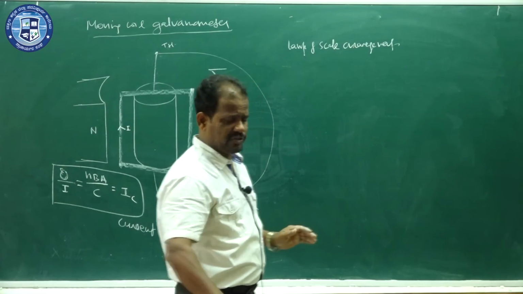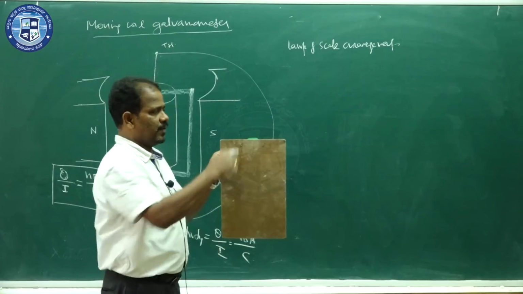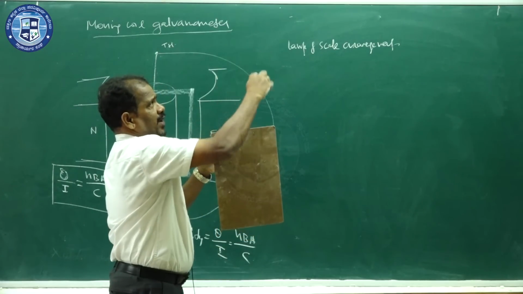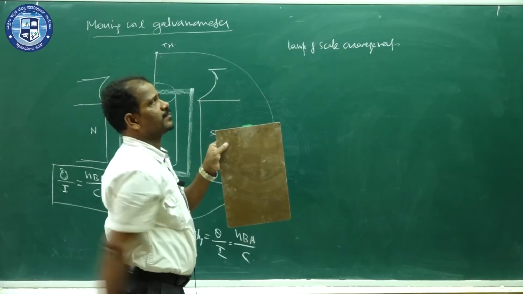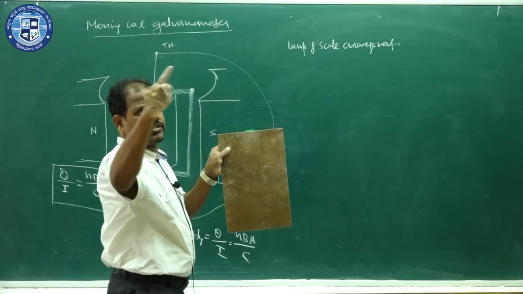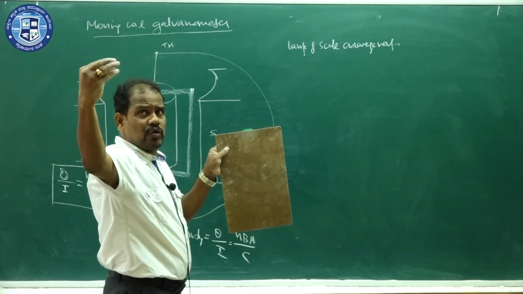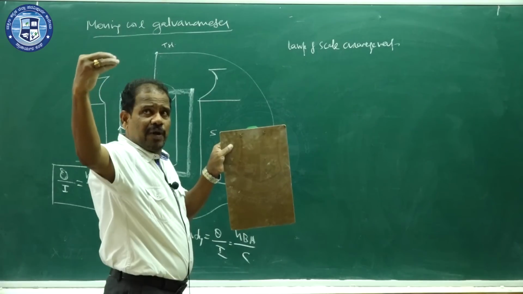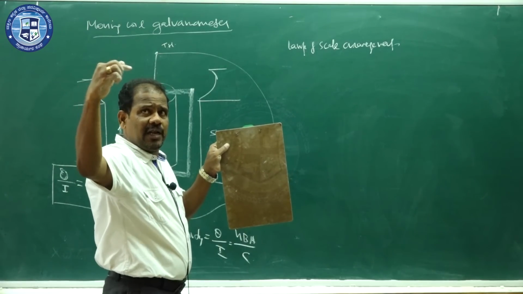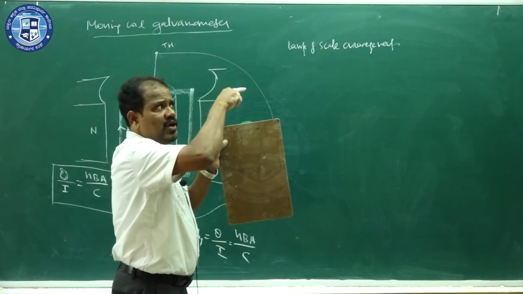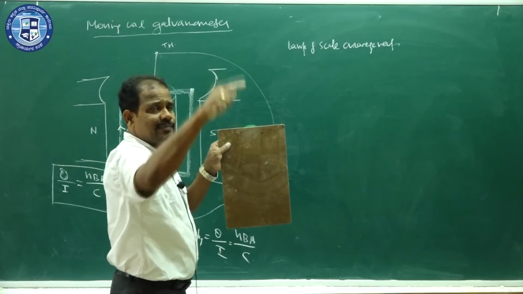Say for example, this is the coil, this is the wire, and on the wire there is a mirror. A little far away, we have a source of light. From the source, light comes and falls on the mirror and gets reflected.